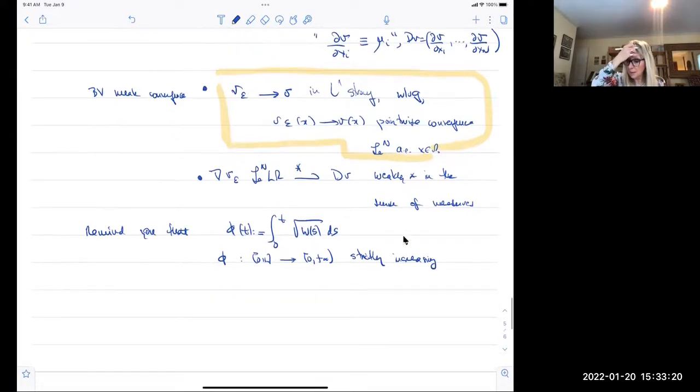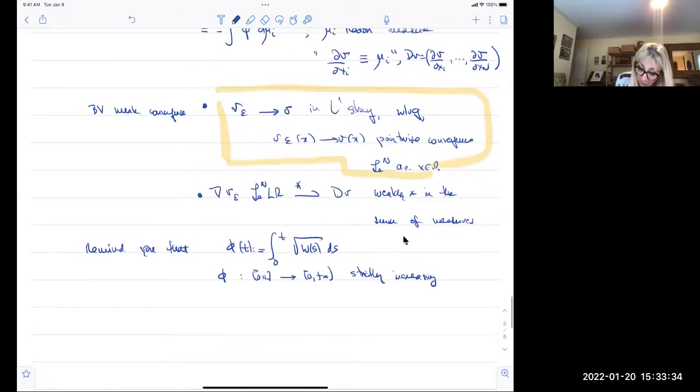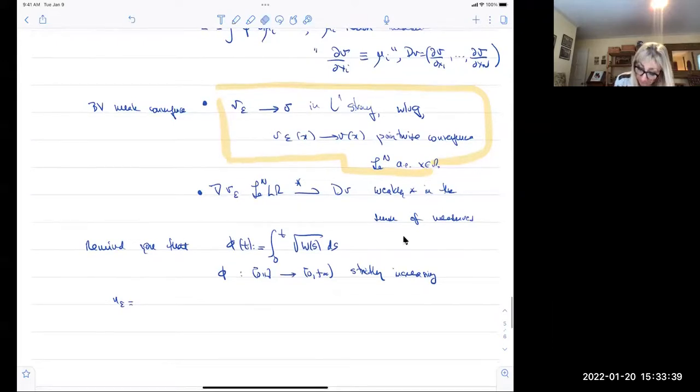But this is strictly increasing. Everything for me is happening between 0 and 1 because I truncated. I'm actually working with that u_epsilon bar in my mind. I truncated, I cheated, but that's okay. And then you say, okay. So remember that v_epsilon was phi of u_epsilon. So you can invert. So u_epsilon is phi inverse of v_epsilon.